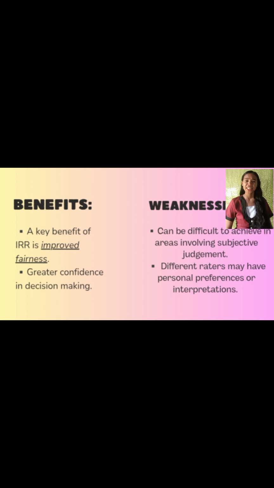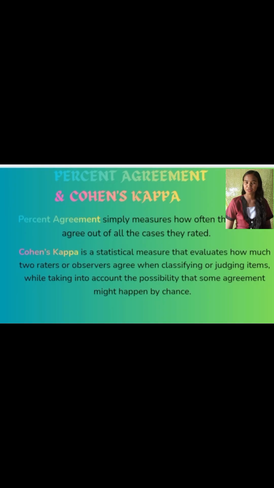So students, is there a way in ensuring fair and consistent scoring? Yes, there's a way in ensuring fair and consistent scoring. But what are those? Despite the weaknesses, there are alternative ways to ensure fairness in evaluation. Students, there are also statistical ways to ensure fairness in scoring.